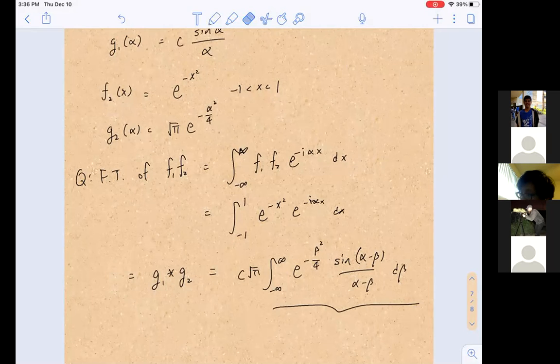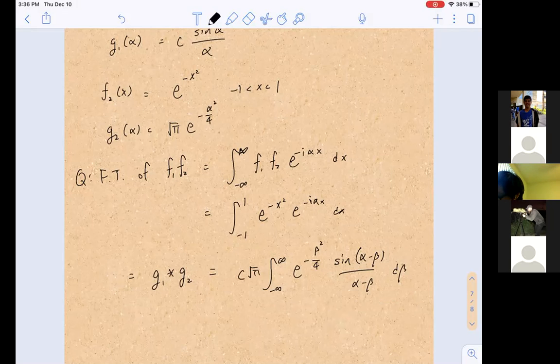I guess it's not that great, but you get the idea, right? In some cases it's about the ease of calculating the Fourier transform of f1 f2, or g1 g2.